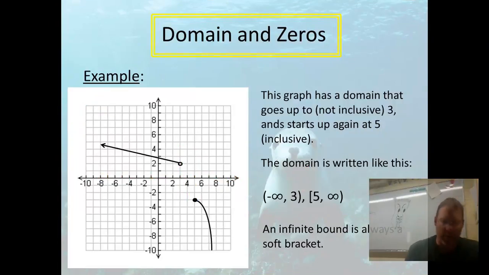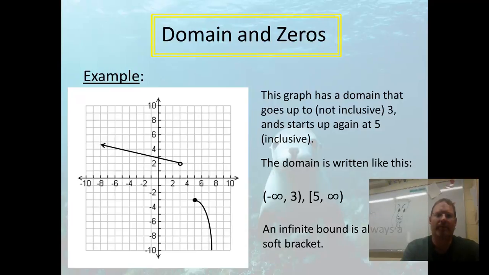Now, one other point to make, an infinite bound is always a soft bracket, okay, because it's not precise. We have no idea where this, well, actually it doesn't end, so you can't say that it ends at a certain point.